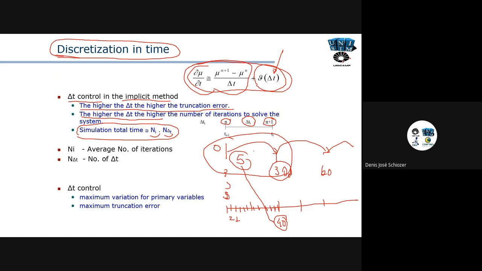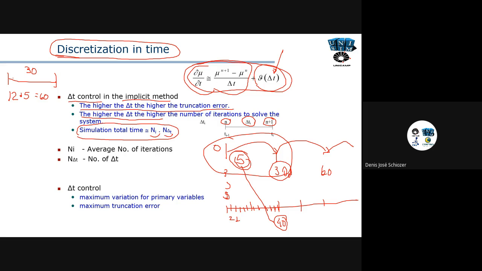So that's what I was telling here. If, for example, I'm running for 1 year total, the time step is 30 days, and the average convergence per time step is 5 iterations, I'm going to take 12 time steps times 5 iterations, which means I'm going to solve 60 times, okay?